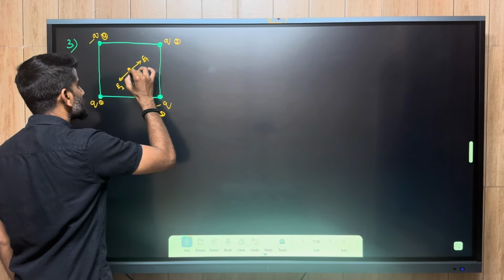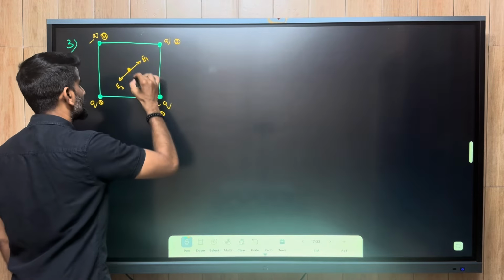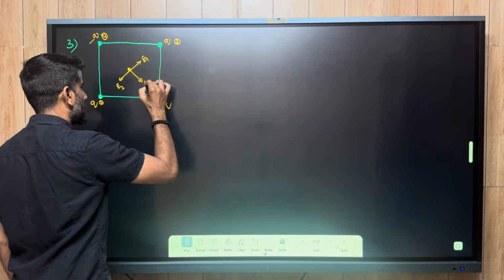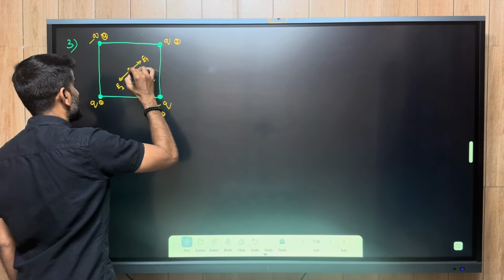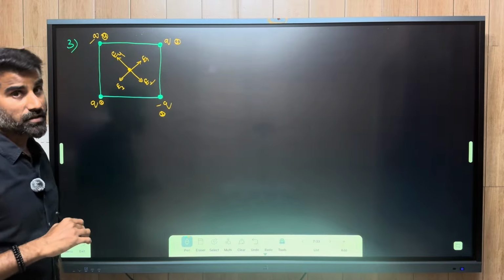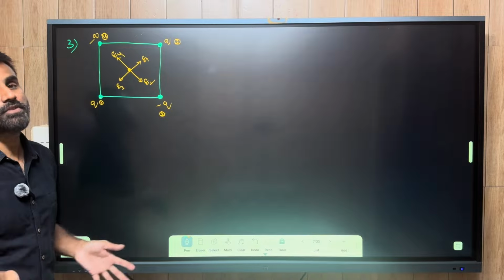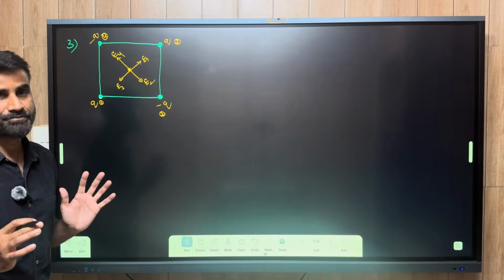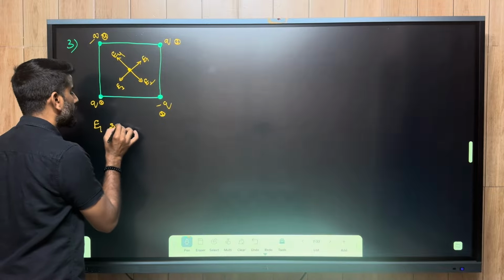Electric field due to charge at location 2 is toward, because the charge is negative, E2. Now we have another charge, E4, towards again. When you look at the quantity of charge, the distance and the medium in which they are placed, all are the same.